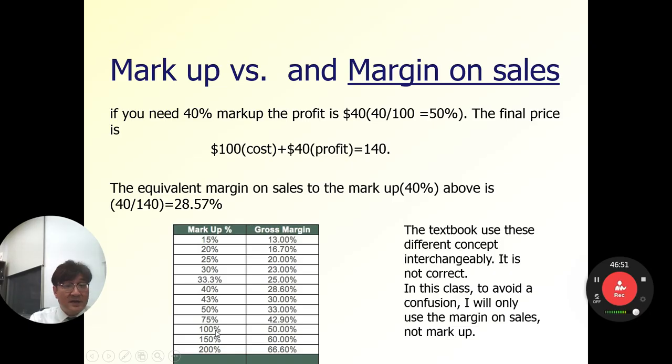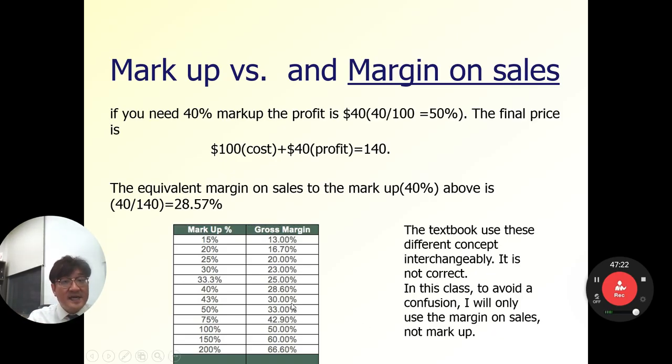When we say 100% markup, it means your profit is going to be exactly the same as the cost. For example, if your product's cost is 100 and you ask for 100% markup, your profit is going to be $100 too. Then your final price is 100 plus 100, which is 200.